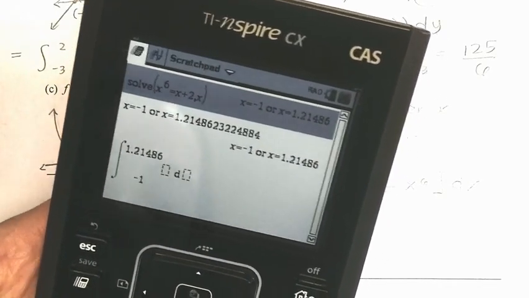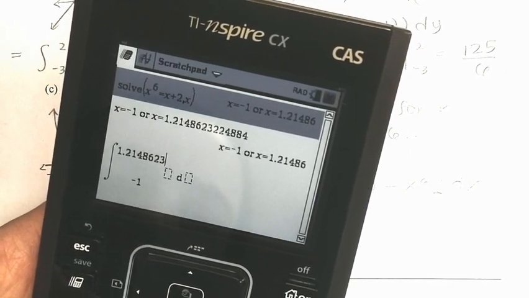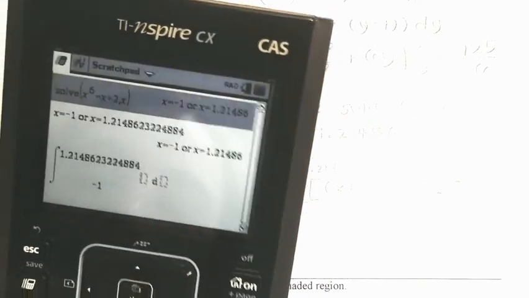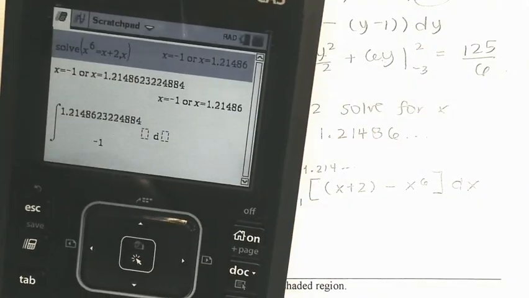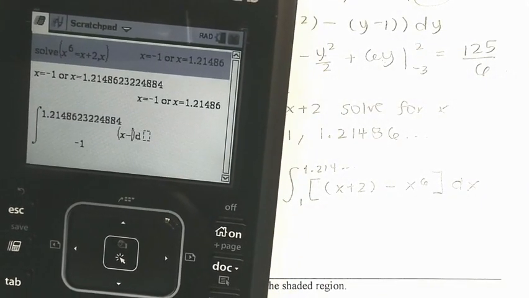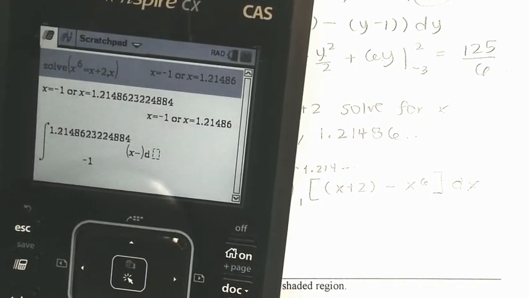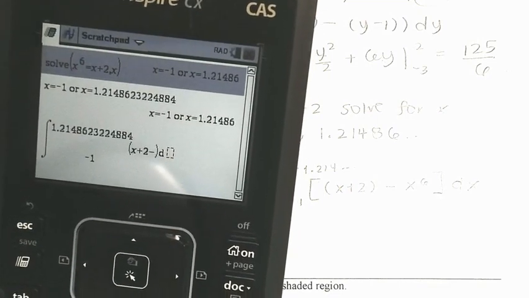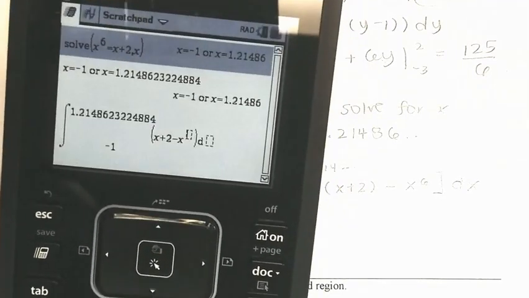1.21486 and 1.22484. Then here you have x plus 2. I don't know why I put minus, plus 2, minus x to the power 6.